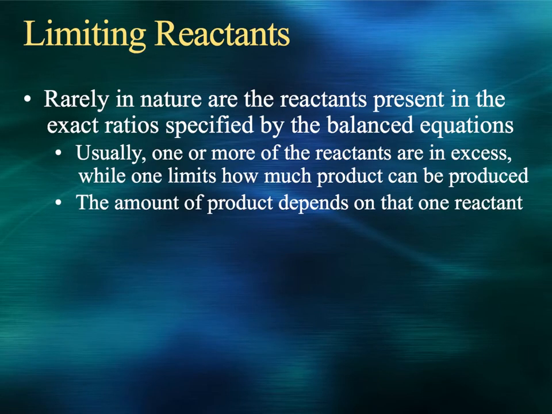Limiting reactants. Rarely in nature are the reactants present in the exact ratio specified by the balanced equation. So if you have your balanced equation and you have your reactants, it's very unlikely you're going to have exactly the correct amounts to make the perfect reaction. Usually one or more of the reactants are in excess, while one limits how much product can be produced.